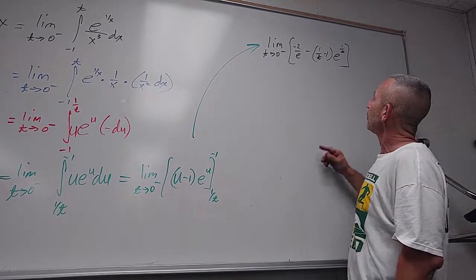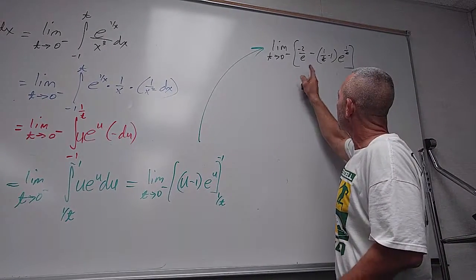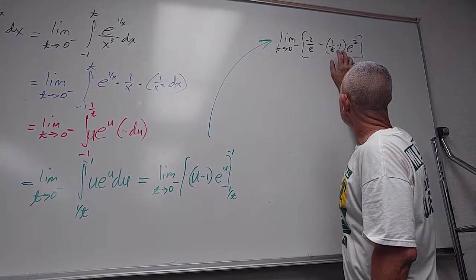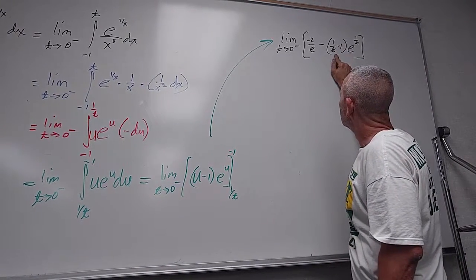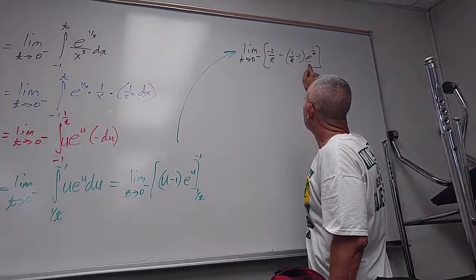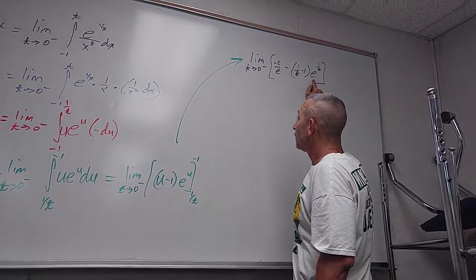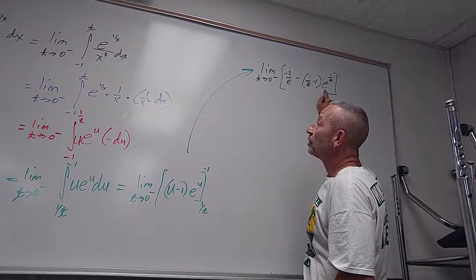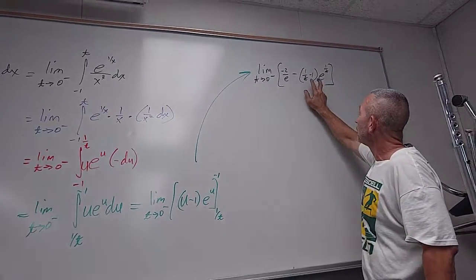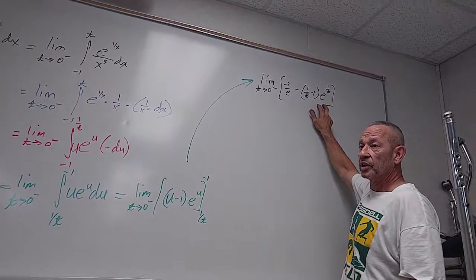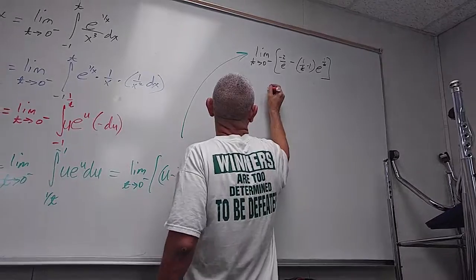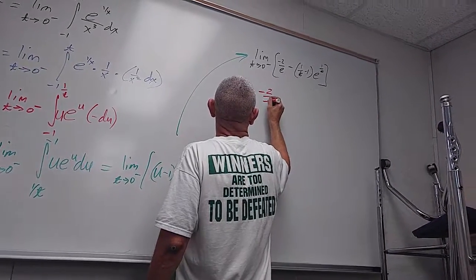Let's see, so this limit doesn't affect that. What about here? If I let t be 0, what does this become? Infinity, and this becomes e to the infinity, which is, well, it's not infinity over infinity, it's infinity times infinity, isn't it? Yeah. Just more infinity. So that's minus 2 over e.